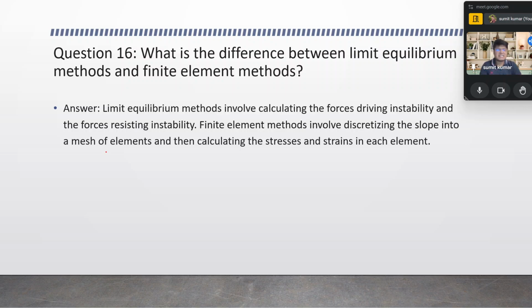As in the finite element method, the slope is divided into small components and analysis is performed for each and every element in order to gain the result and reach an outcome. So that is performed in the finite element analysis.